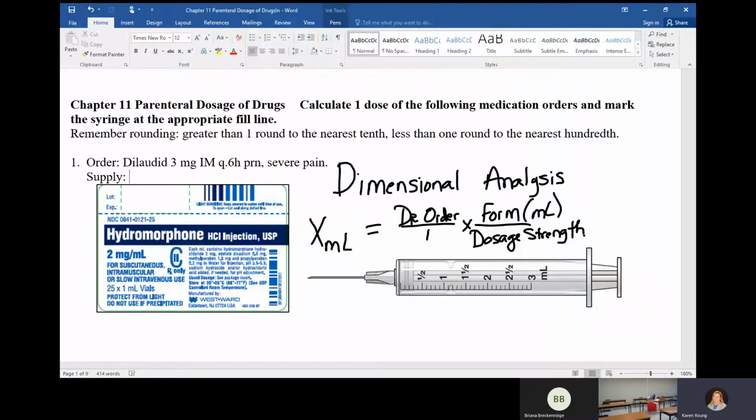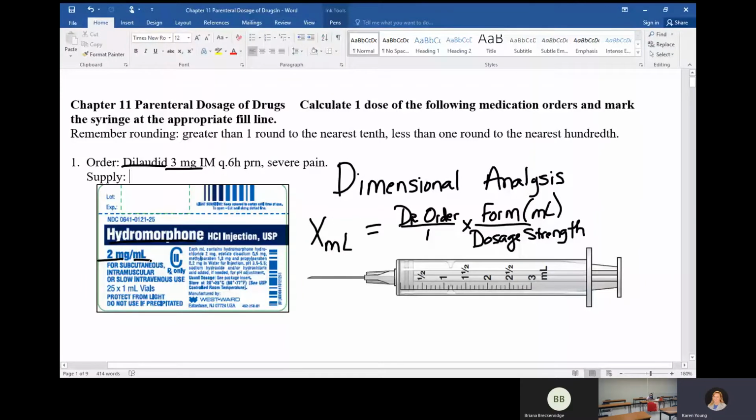Doctor's orders over 1, the dosage form over dosage strength. And of course, we got to look at our name, which is Dilaudid, the hydromorphone. Our dosage strength is the 2 milligrams. Our dosage form is the 2 milliliters.